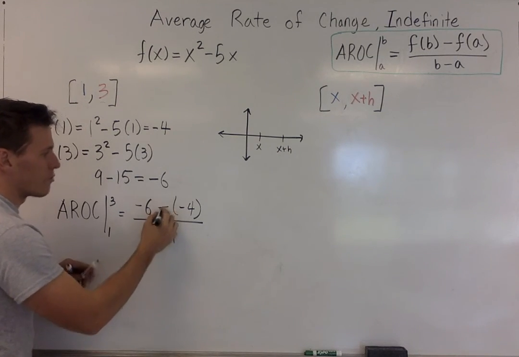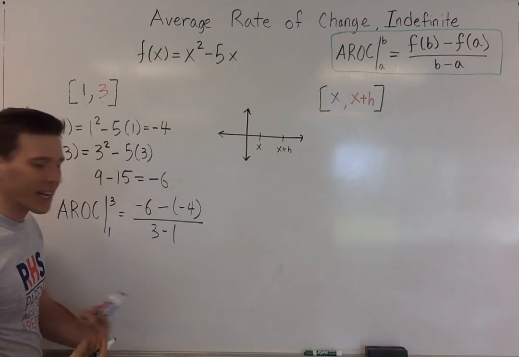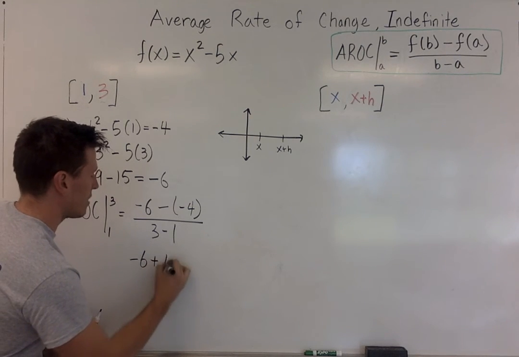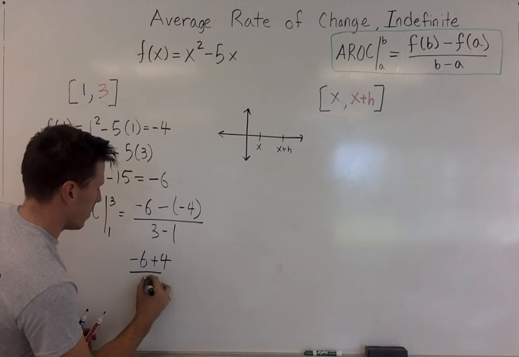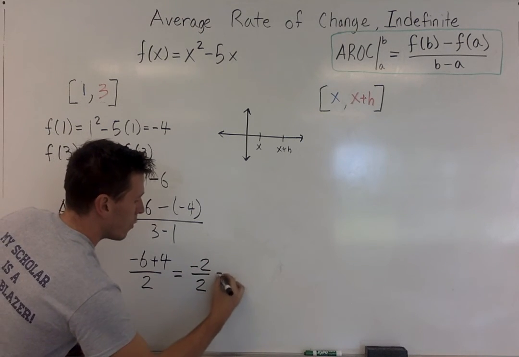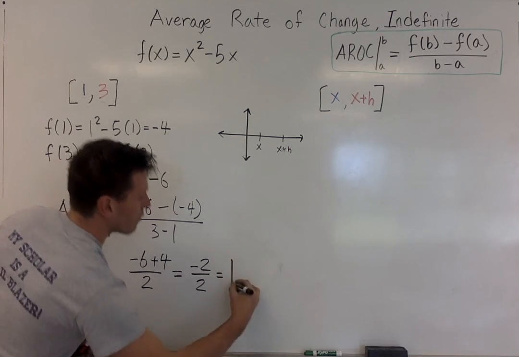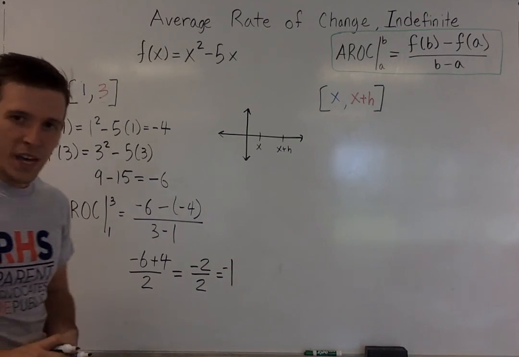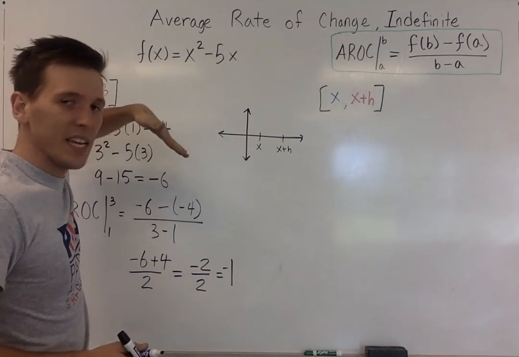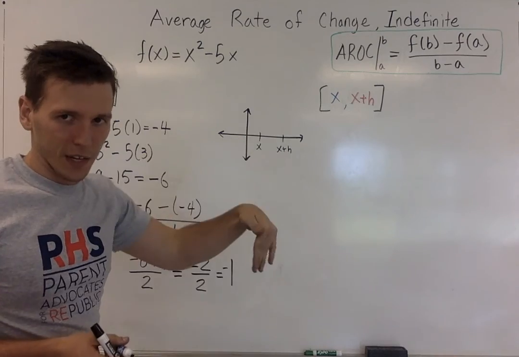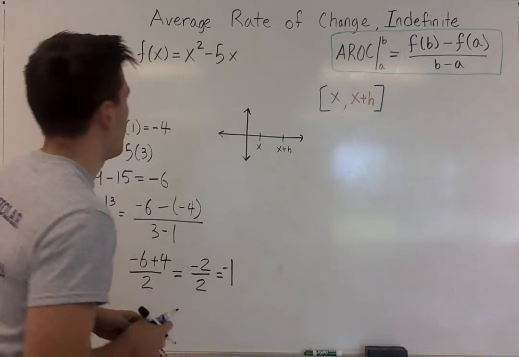Subtracting a negative number is the same as adding a positive number, so I get negative 6 plus 4 over 3 minus 1 is 2. That comes out to negative 2 over 2, which means my average rate of change over this interval is negative 1. If we were to graph this on Desmos, we would see that between those 2 points, it's declining on average, rise of negative 1 over run of 1.